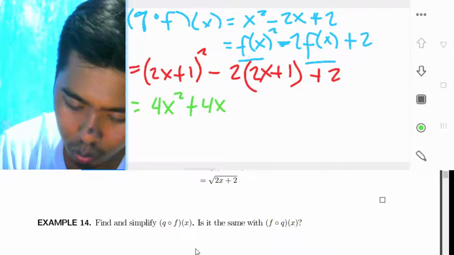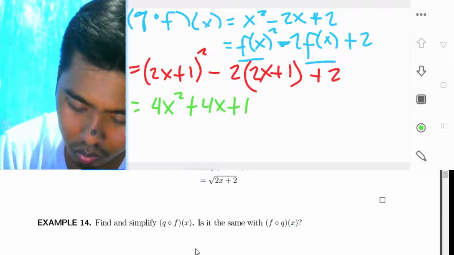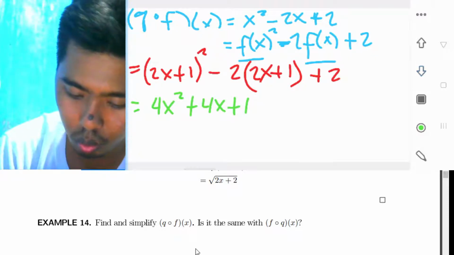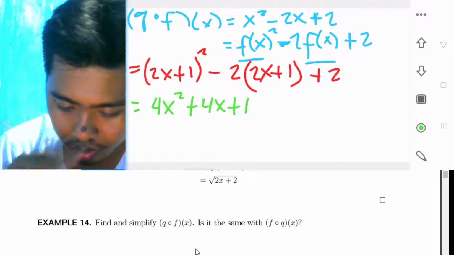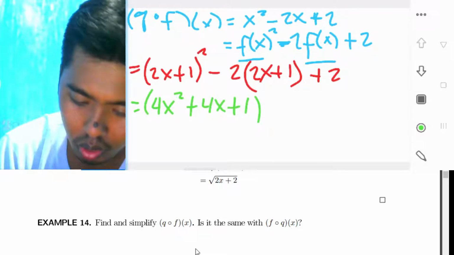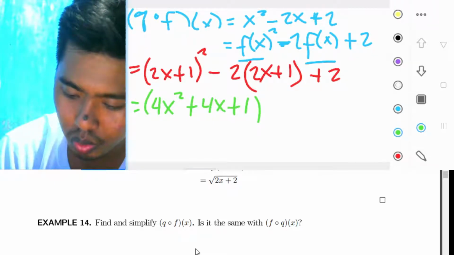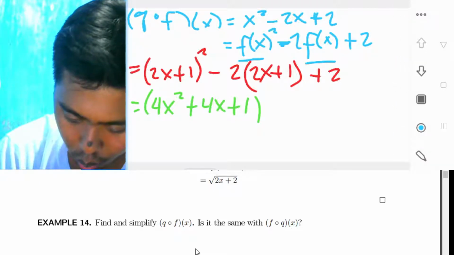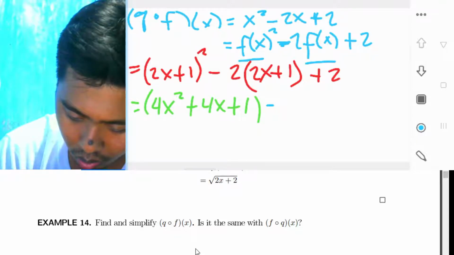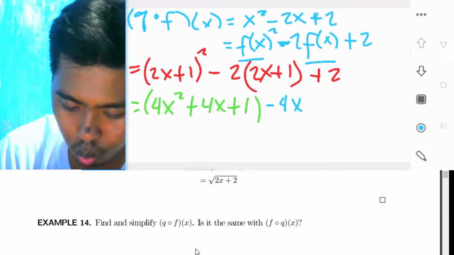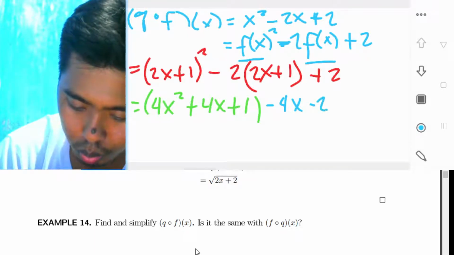Then 1 squared, or 1 times 1, that would be 1. The next we have negative 2 times 2x, that would be negative 4x. Then negative 2 times 1, that will be negative 2.